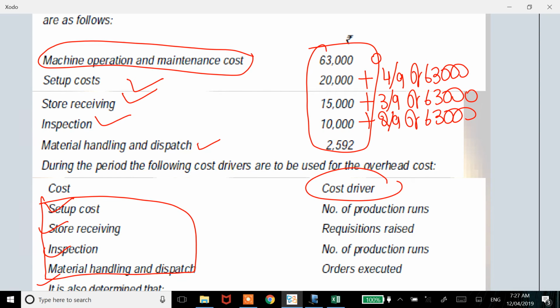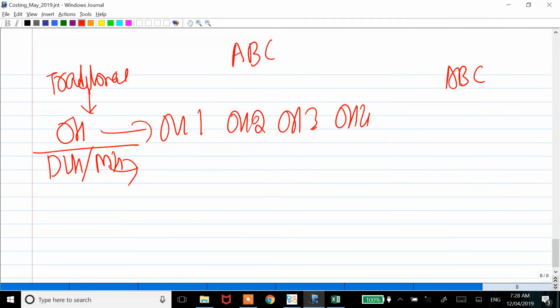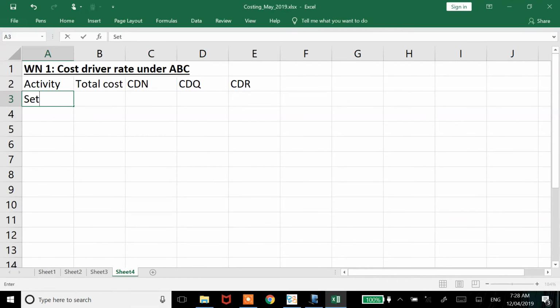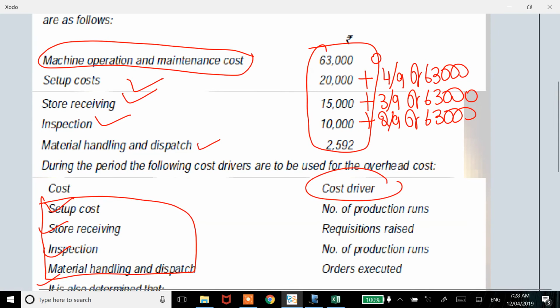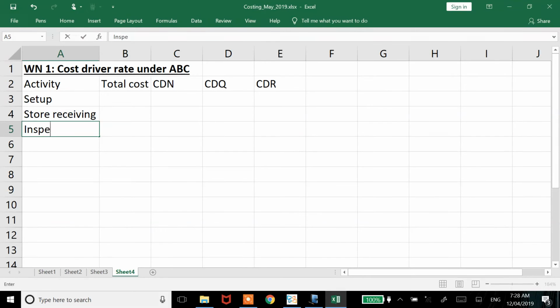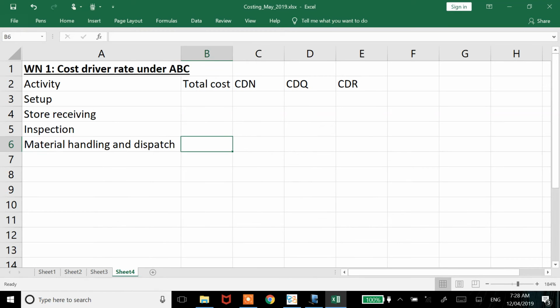So we are going to write now in activity those 4 activities which they have mentioned: setup, store receiving, inspection, and material handling and dispatch. These are the 4 activities of the company.